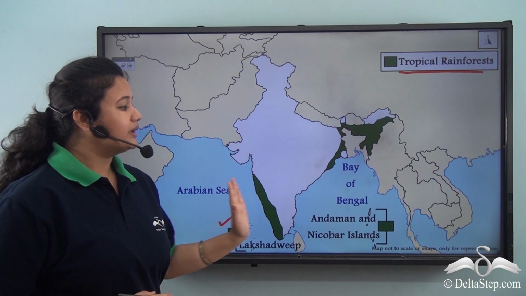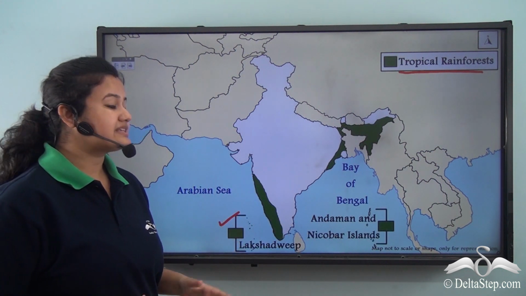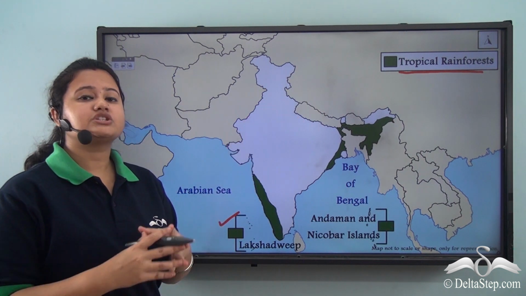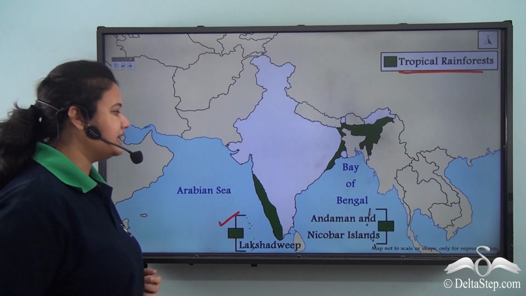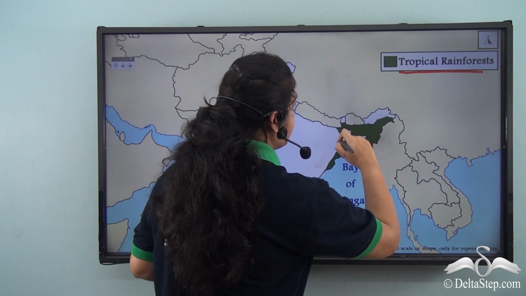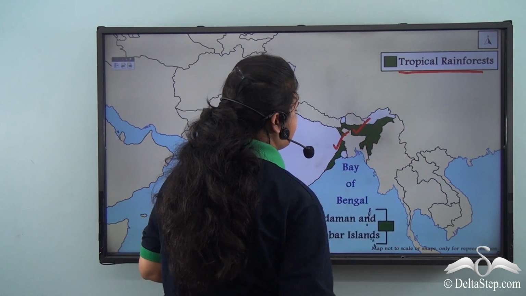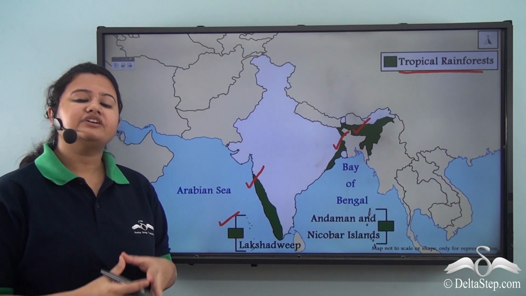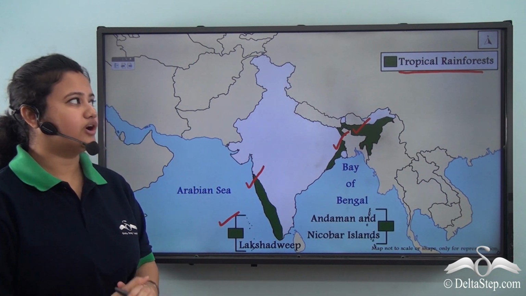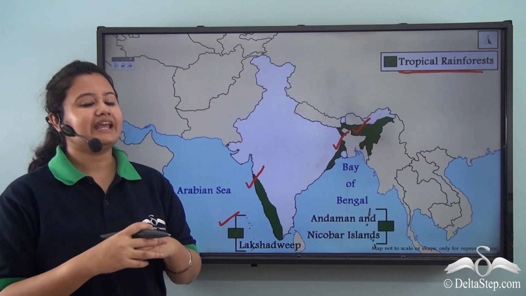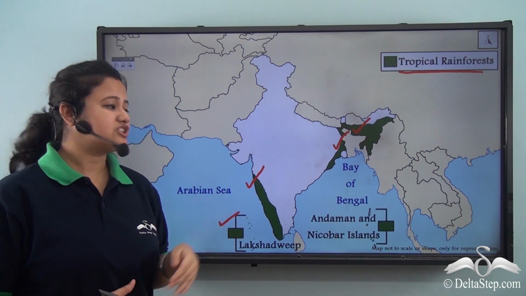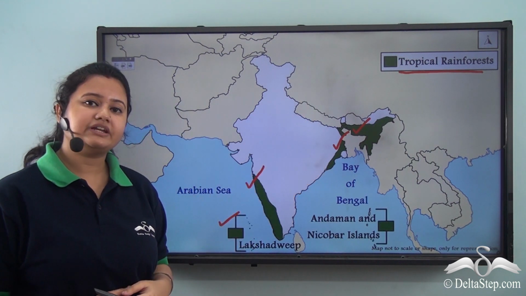Now, apart from these two groups of islands, such type of vegetation, that is tropical rainforest, also exists in mainland India along the west coast or Malabar coast and in some parts of east and northeast India. So in this map, the regions marked in dark green show the location or existence of tropical rainforest in India. Now, can you tell me why such type of vegetation is found in these regions of India?